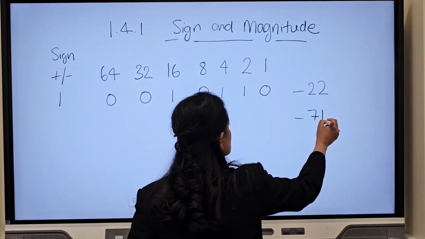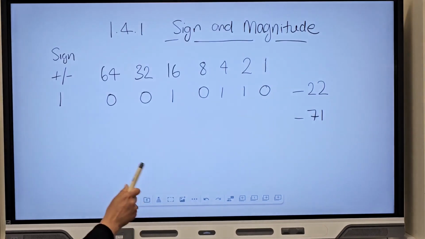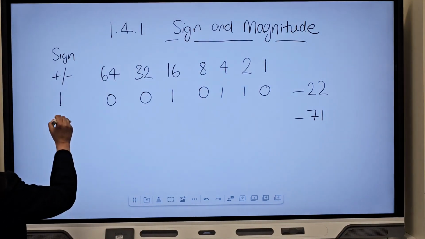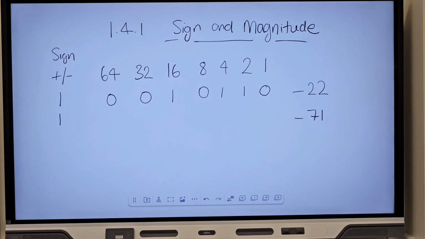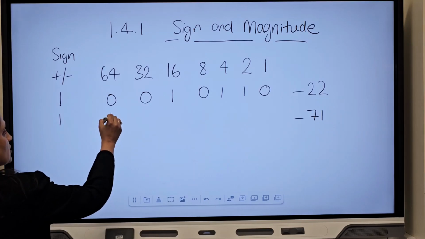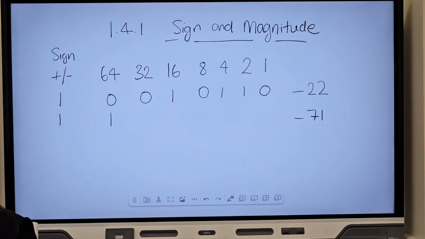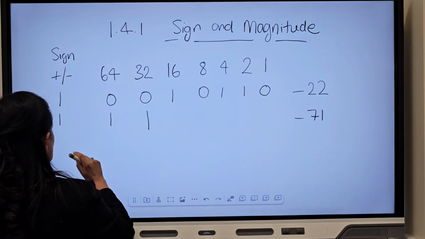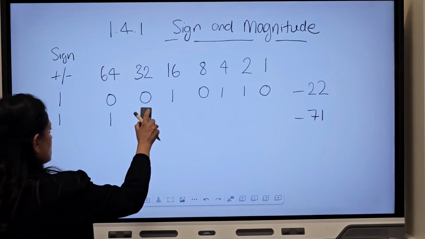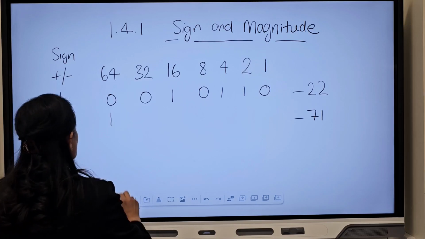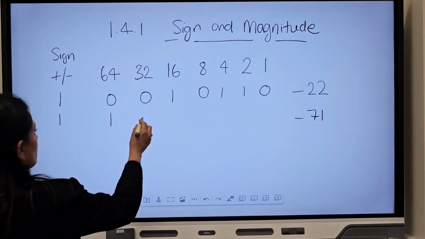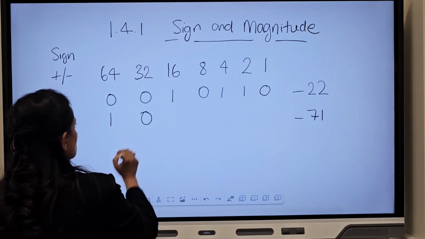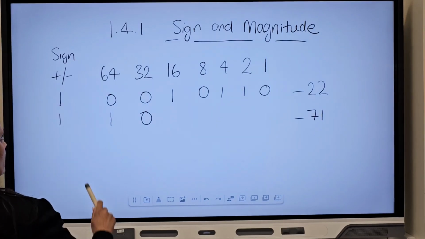Let's do another one. Minus 71. As you are now becoming familiar, 1 for the negative. To represent 71, that's going to be 64. If we added 32, that would take us over.